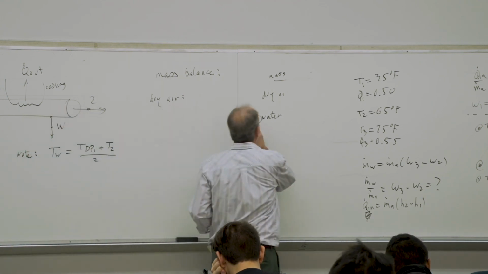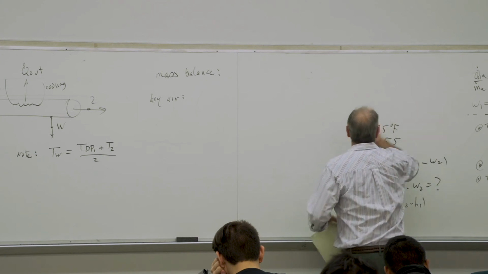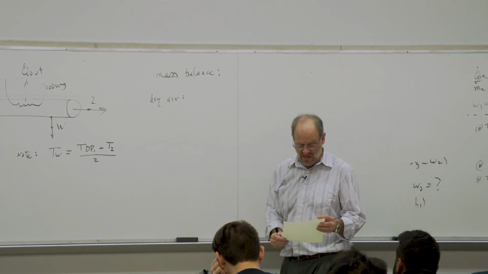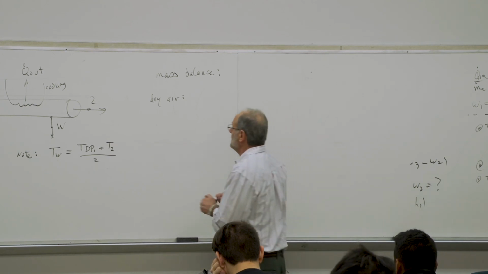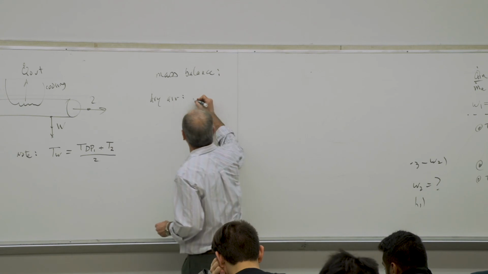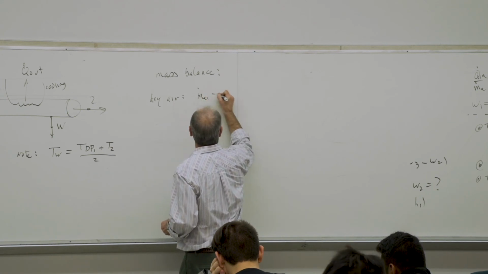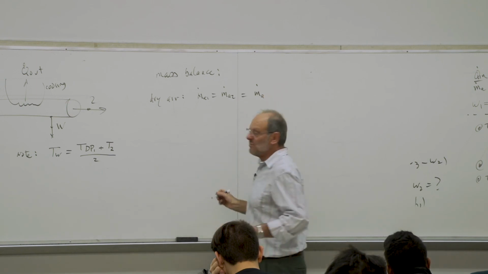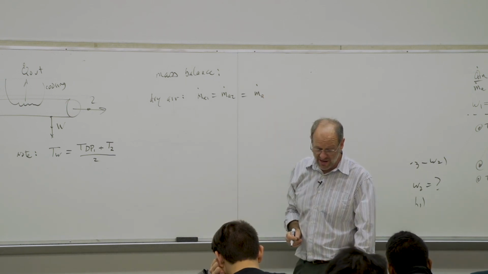We're going to start with our dry air. We note that, again, the flow rate of the dry air is not going to be changing, right? Yeah, there's water vapor condensing out, but the dry air component is not changing. So m dot dry air at 1 equals m dot dry air at 2, which then we'll just say equals the mass flow rate of the dry air.